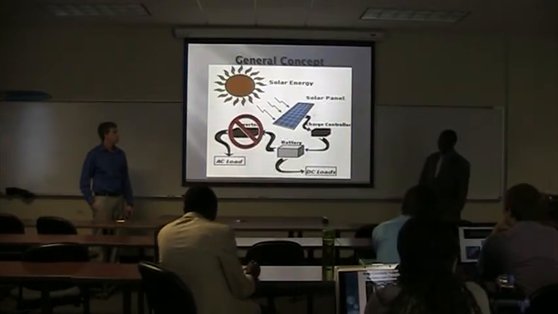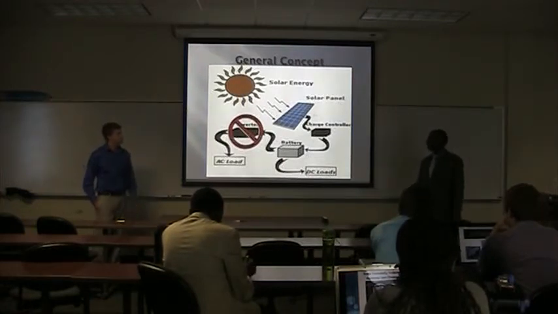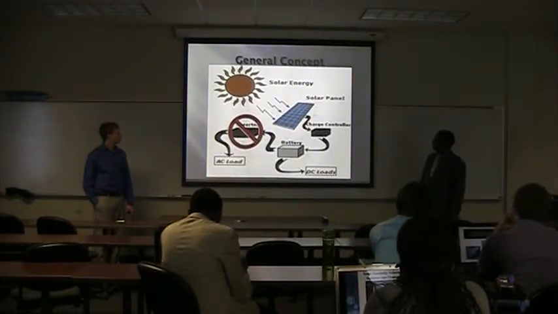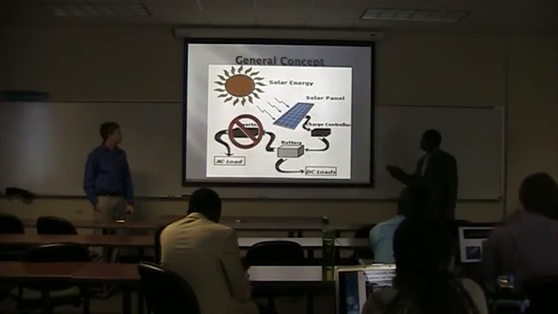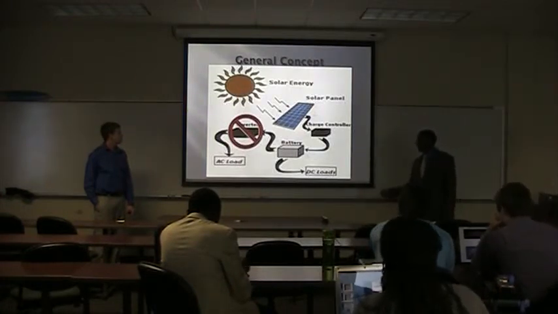The general idea is that solar energy hits the solar panels. The solar panels transform the photons into electricity. That electricity is not stable, so to stabilize it and be able to charge the battery with it, we need a charge controller. The charge controller charges the battery.